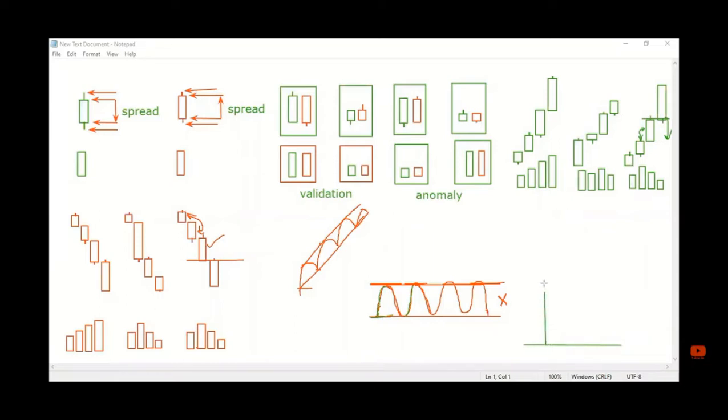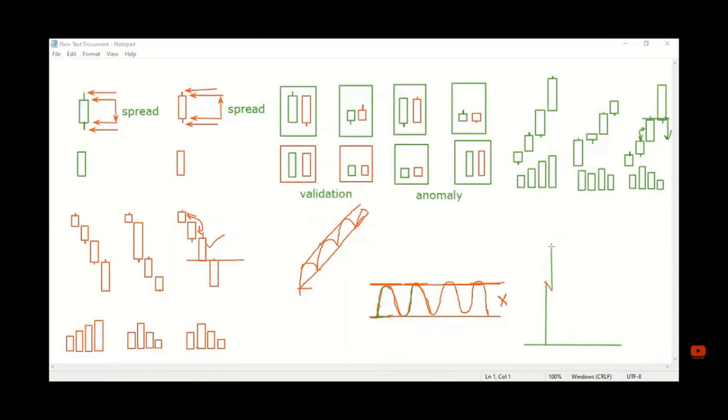the market goes up, and after some time we see a pullback. The market may create sometimes one candlestick, sometimes two candlesticks, sometimes three candlesticks. After that, the market again started going up like this.